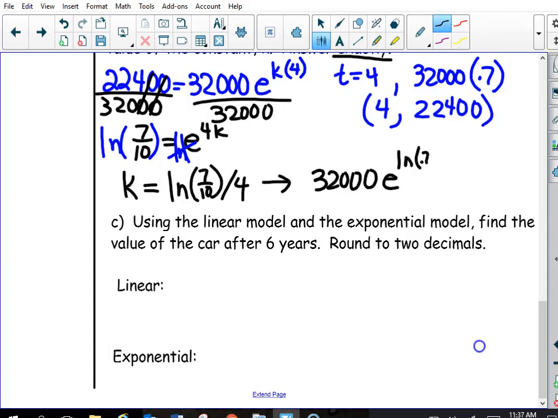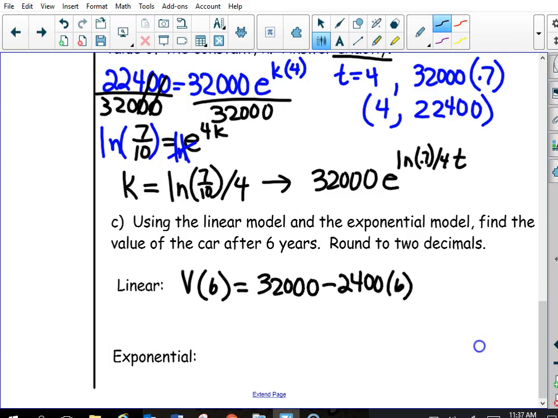I'm going to use the 0.7 here, divided by 4 t. Okay, so my linear model was v of 6 is going to be $32,000 minus $2,400 down each year, and that's equal to 17,600.